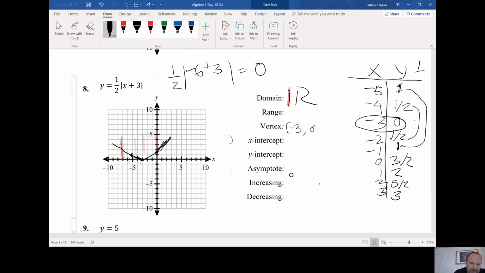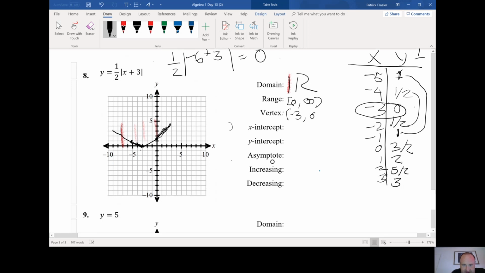And so far as the range, well, the range, as low as we can possibly go, is at y equals 0. And it does equal 0. So I'm going to use a bracket. And it can go all the way up to positive infinity. But of course, positive infinity is aspirational. We never actually get there.